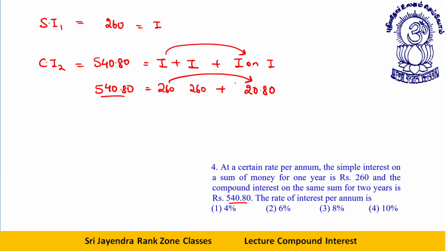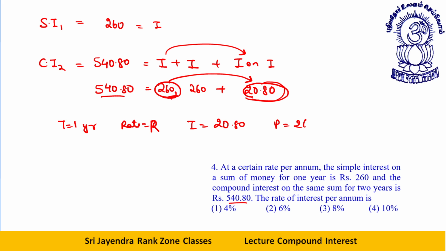The rate of interest per annum is, so this is the interest. I can say this is the interest, and this will serve as the principal. I on I, interest is calculated on a principal, so this can also serve as a principal. So time is equal to 1 year. Rate you need to find. Let's say this rate is R. Interest is 20.80, and the principal is 260.